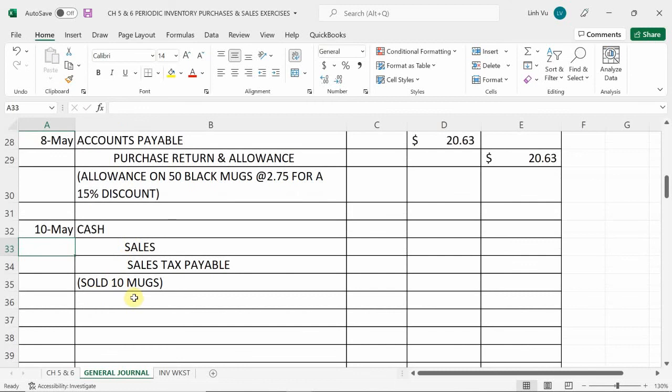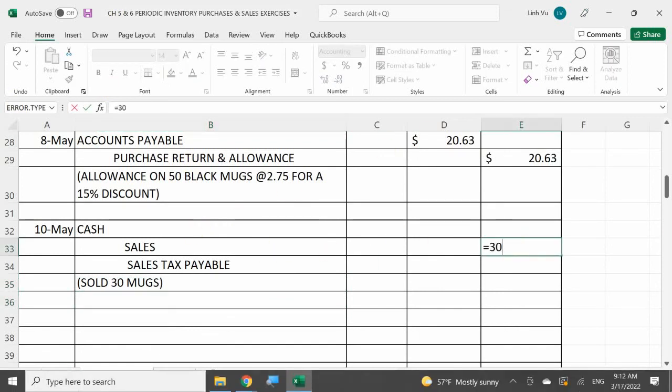May 10, we got cash in sales, and here we sold 30 mugs. So in this case, what was my total sales if I sold 30 mugs at $9.99 each? 299.70. Okay.